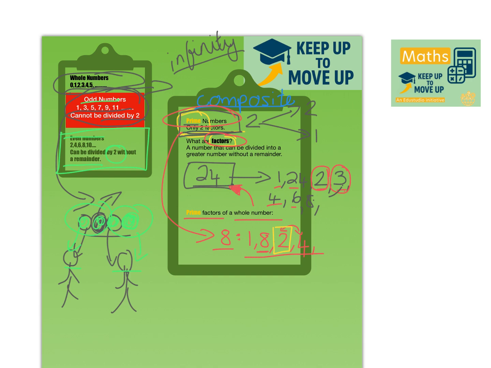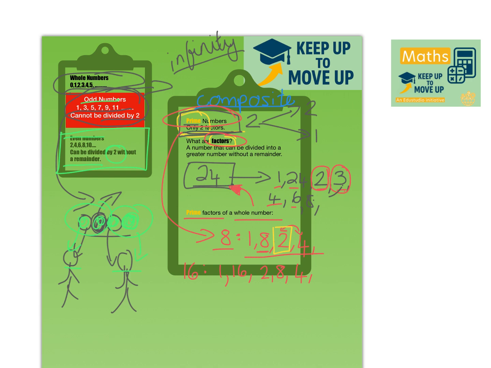Let's just do another example. Let's take the number 16 and write down its factors. And I'm going to do it in pairs again. So 1 and 16, 2 and 8, 3 is not a factor of 16, 4 is 4 times 4. I'm not going to write the 4 again, and I know that I've completed the factors of 16 because I've reached a duplicate number.